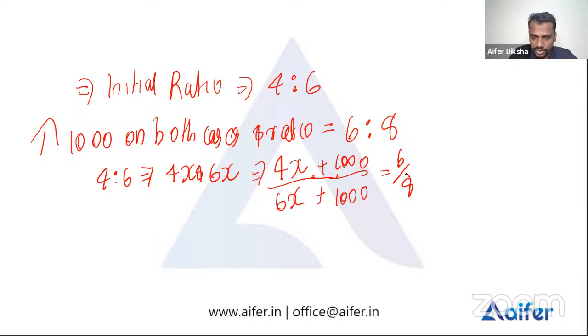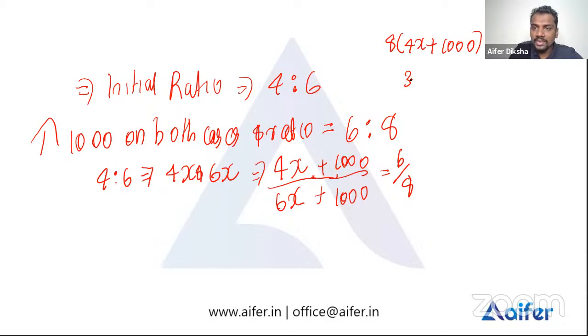Then we'll be solving the equation. We have 4x plus 1,000 by 6x plus 1,000 equal to 6 by 8. So we'll be cross multiplying: 8 into 4x plus 1,000 is equal to 6 into 6x plus 1,000.